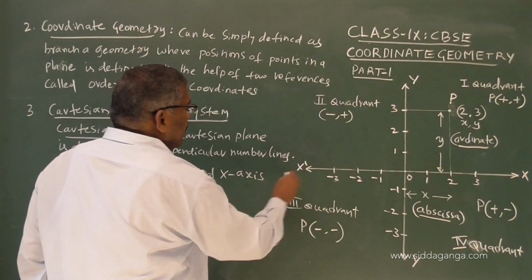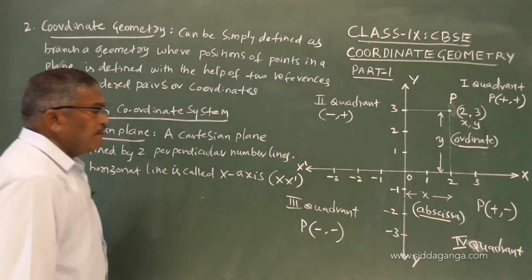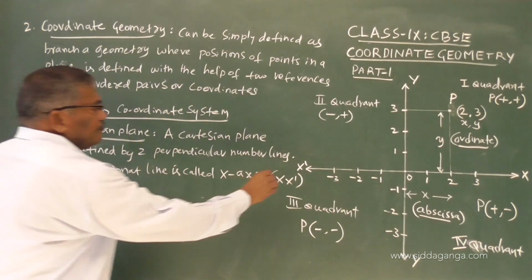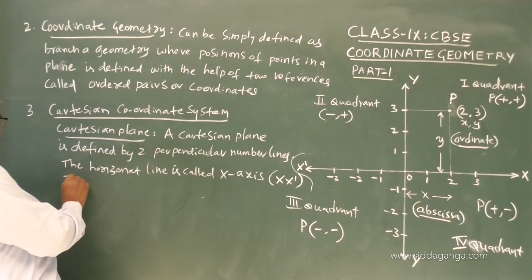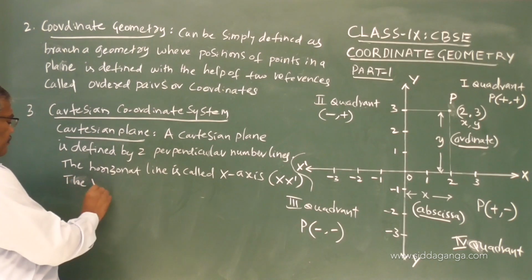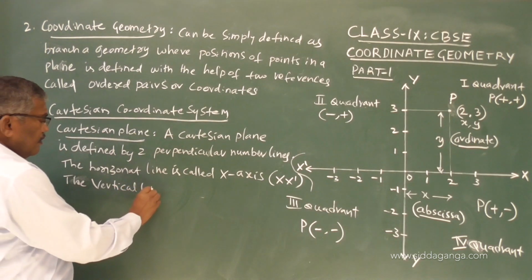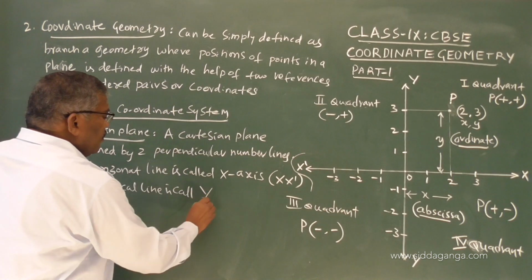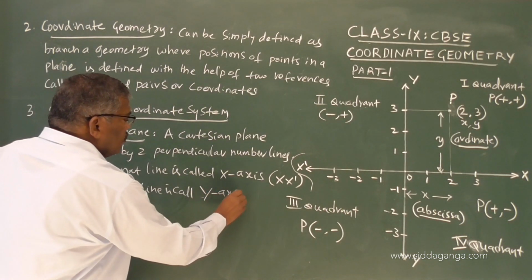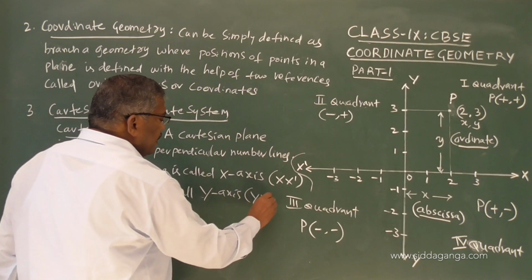This is X'. Now the vertical line is called the y-axis. You write here capital Y and capital X, and in the bracket you write Y' and X'.